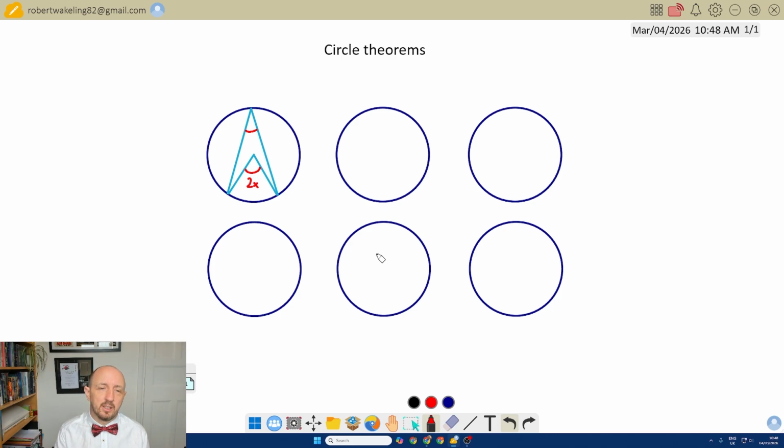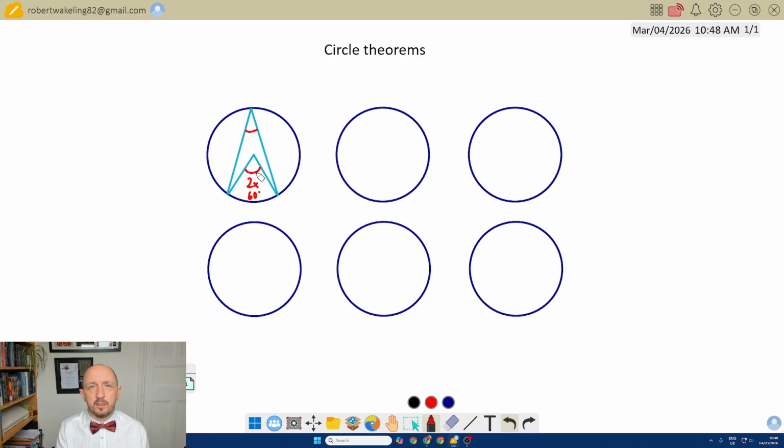Okay, so this is one of the common circle theorems, and before we go through all of them, I just want to mention an exam technique that's really useful. They will say in the exam this is not to scale, and this might be something like 60 degrees, and they want you to work out this one.